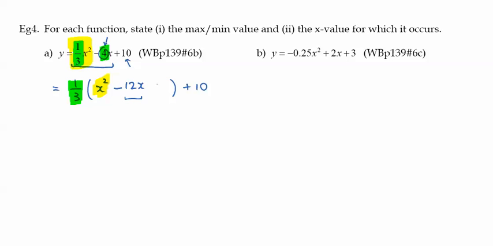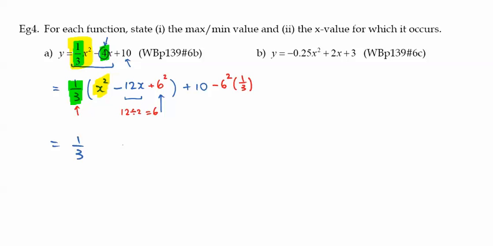And once I have x squared minus 12x, I need to complete the square. I need the perfect square, and this perfect square will be 6 squared, which is 12 divided by 2, using this middle term. That will give us the number you use for the perfect square. Once I've added 6 squared to it, I will offset the change, and I'll offset it this many times because of the 1/3 at the front.